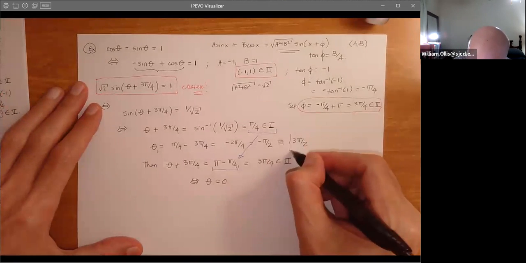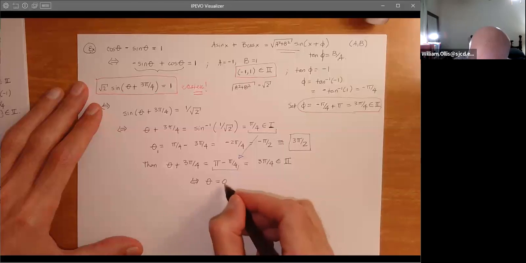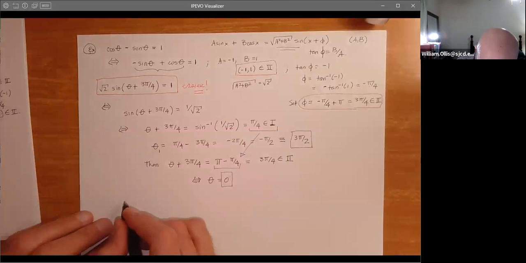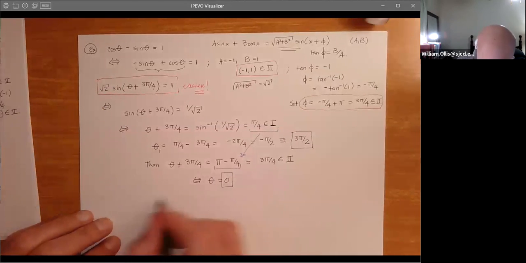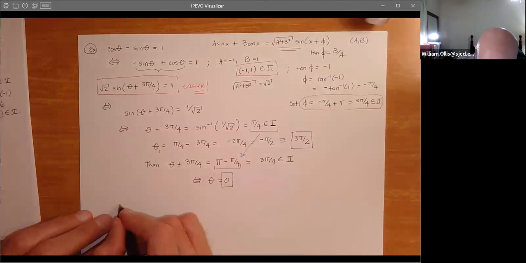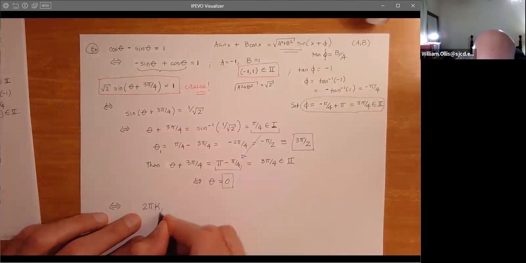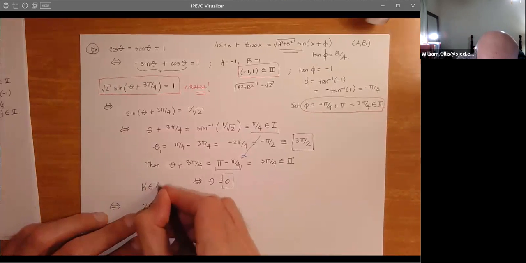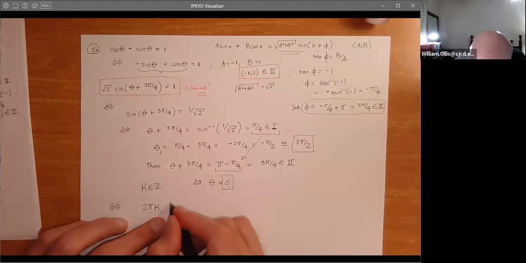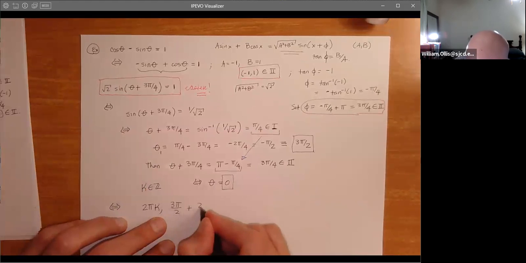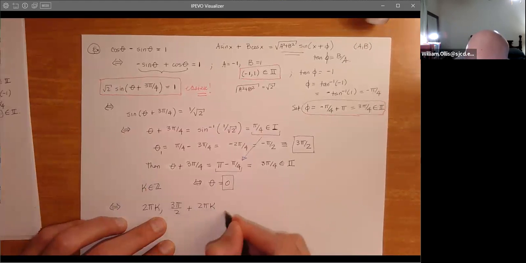So we've got this base solution and this base solution. So now this says 0 plus 2 pi k, or you don't have to write the 0. So this will say if and only if 2 pi k, again, k is an integer, and then 3 pi over 2 plus 2 pi k. And we're done.